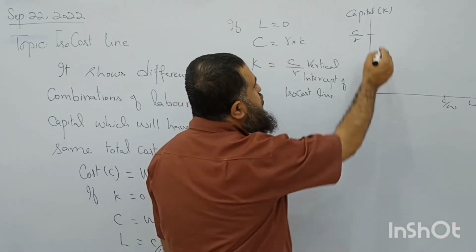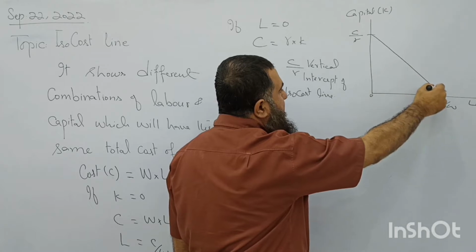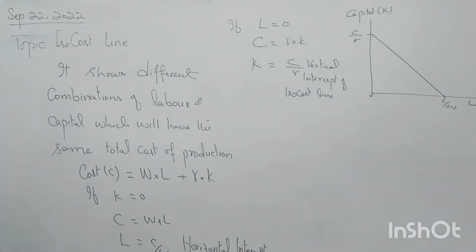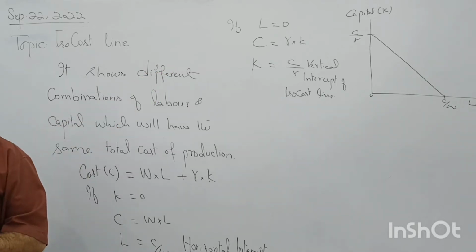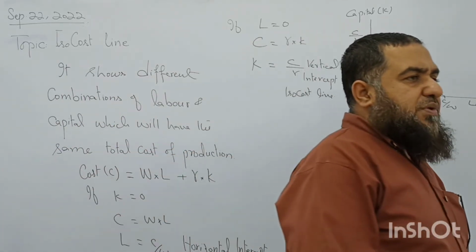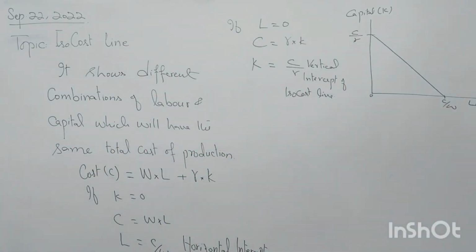If we join these two points, what is it? This is the isocost line. Follow the point? It is the same as we had drawn the budget line for the consumer. So here it is called the isocost line for the producer because now he is employing labor and capital in the production process.